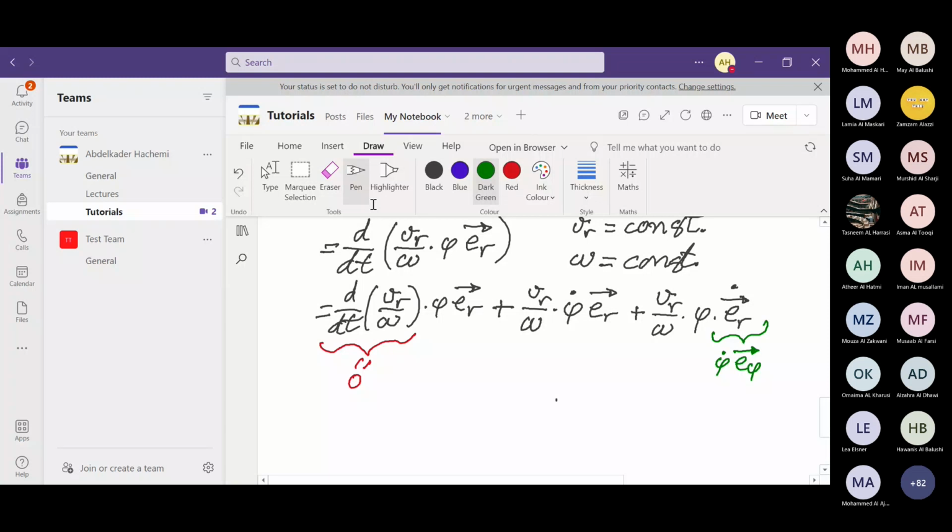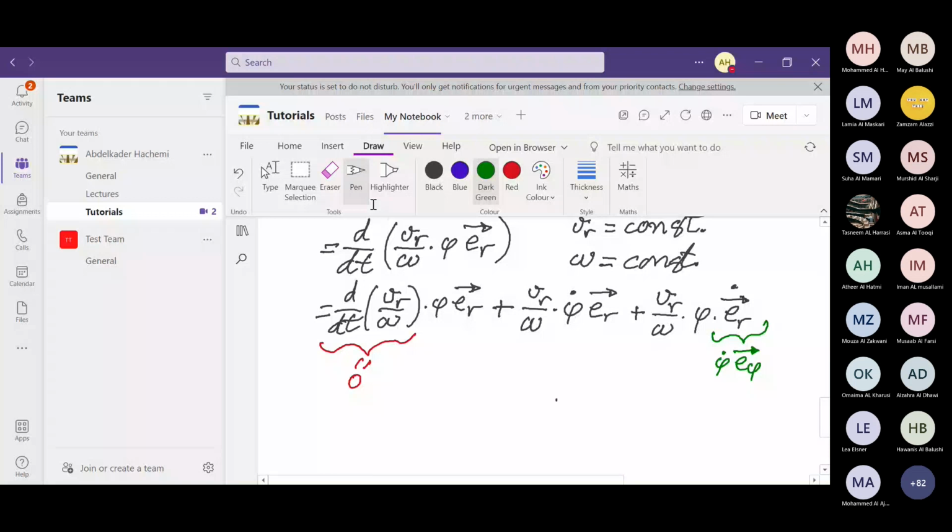The coordinate system is changing with time. And for example, if we have E phi dot, it's only minus phi dot ER.